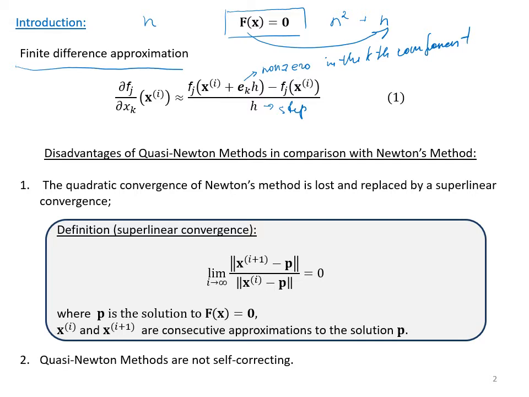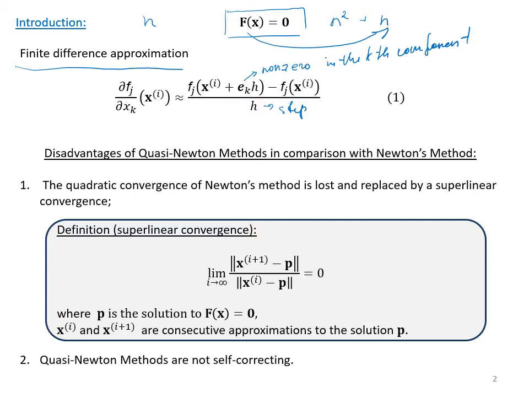So in this lecture I'm going to talk about such a method, which is called Broyden's method and belongs to a class of so-called quasi-Newton methods.